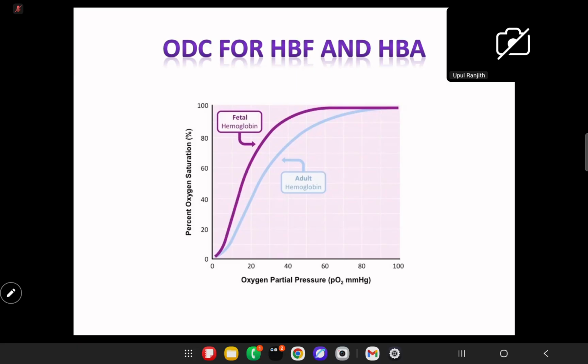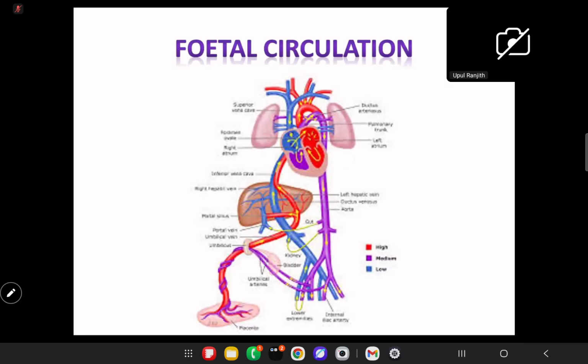That means these two curves move further apart, which will facilitate oxygen uploading from the maternal hemoglobin to the fetal hemoglobin. So that is called double Bohr effect, which will help fetal oxygenation.